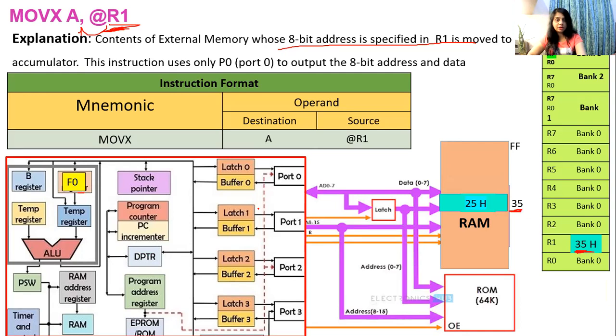So it will transfer this 25 to the accumulator. The instruction uses only port 0 to output the 8-bit address and data. Very important. So remember that whenever there is MOVX, it is about external RAM. MOVC is for external ROM. Simple MOV is for internal memory.